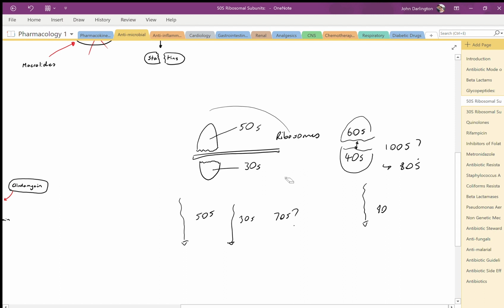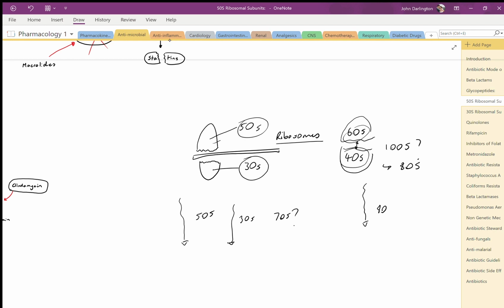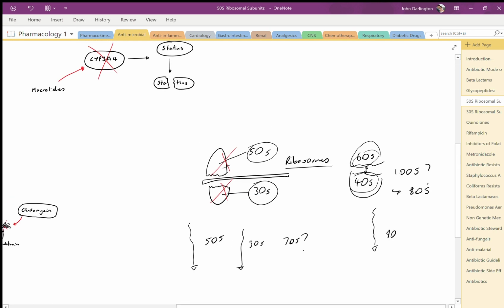So I hope that makes sense, just that ribosomes are an important protein that's used in the translation and production of protein, and bacteria only express 50S and 30S subunits. Humans do not. We express 60S and 40S. And as a result, we can make drugs which block these. So we can disrupt these, and by disrupting them, we prevent protein synthesis.